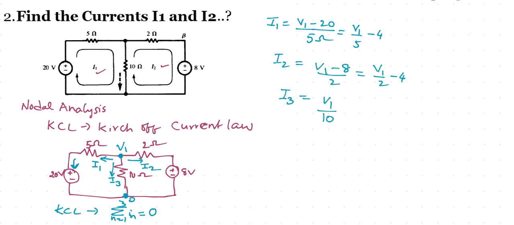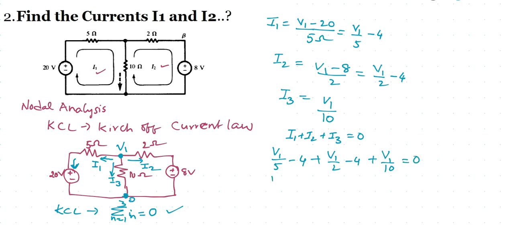Substituting into I1 plus I2 plus I3 equals 0, we get V1 by 5 minus 4 plus V1 by 2 minus 4 plus V1 by 10 equals 0.